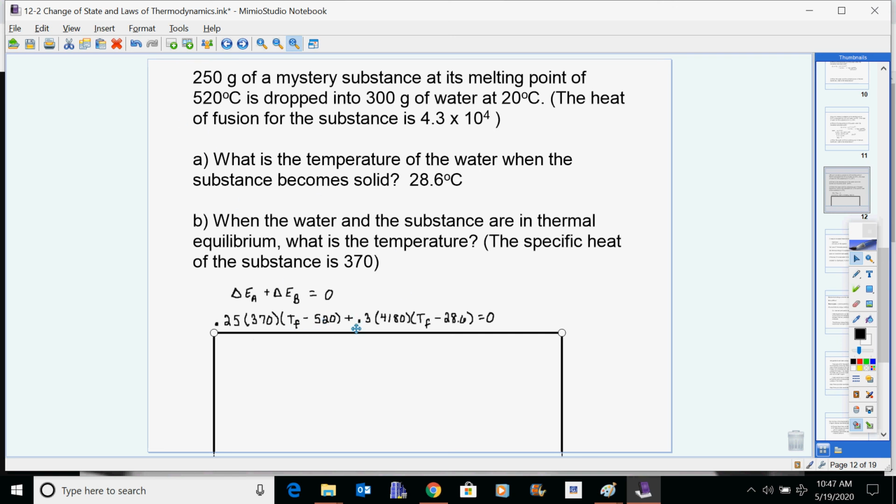Okay, when I add that to the mass of the water, which is still 0.3, it hasn't changed mass. Here's our specific heat of the water, which is the same, the liquid water. Final temperature minus starting temperature for this phase of the problem. Because remember, the water has already been heated up by the state change for the substance.